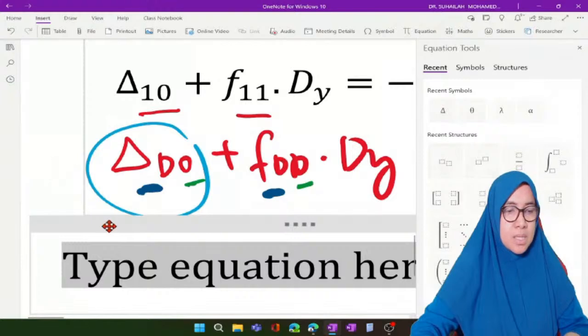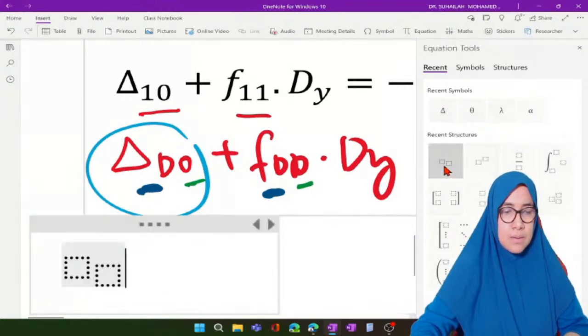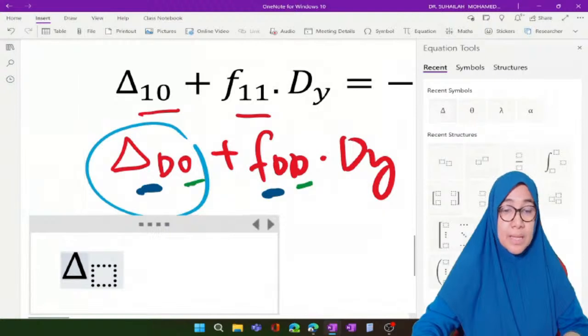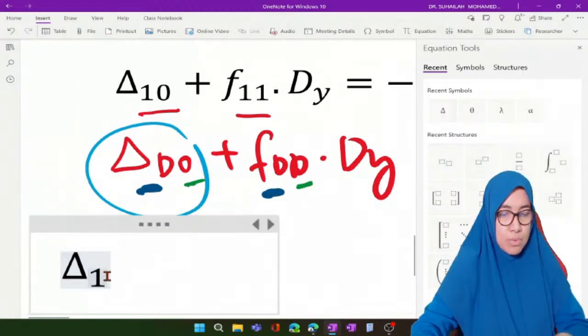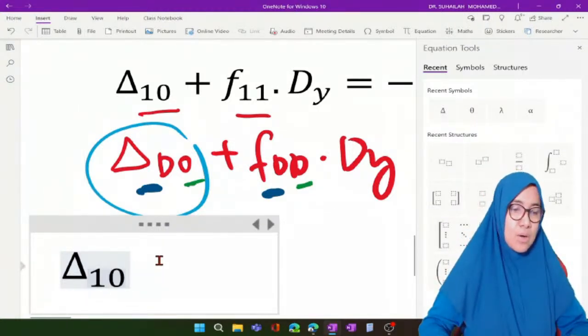Okay, this delta D naught or delta 1 naught, we use symbol 1, right? What is delta 1 naught?